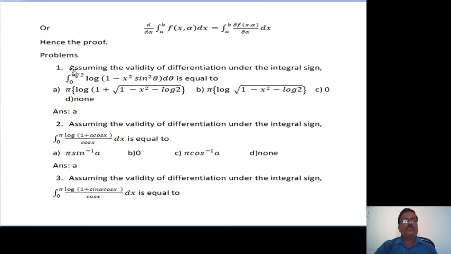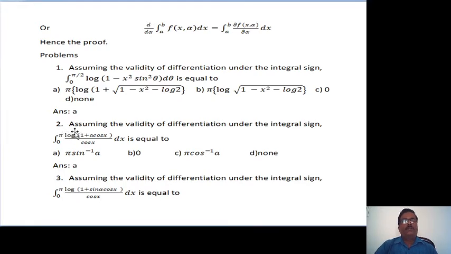So next we have some problems. The first problem: assuming the validity of differentiation under integral sign, the value of the integral from 0 to pi by 2 of log of 1 minus x square sin square theta d theta is equal to, this is the first option, this is the second option, this is the third option, and this is the fourth option. So you have to choose the correct answer.